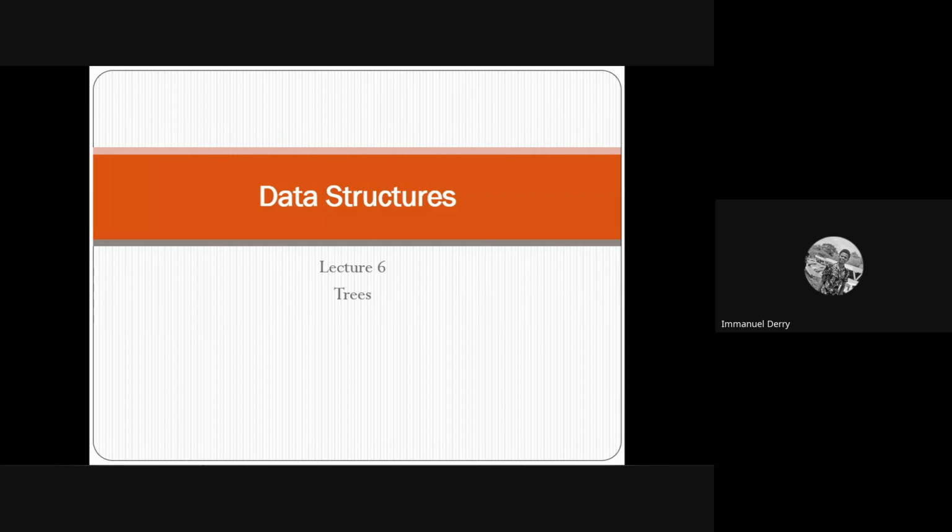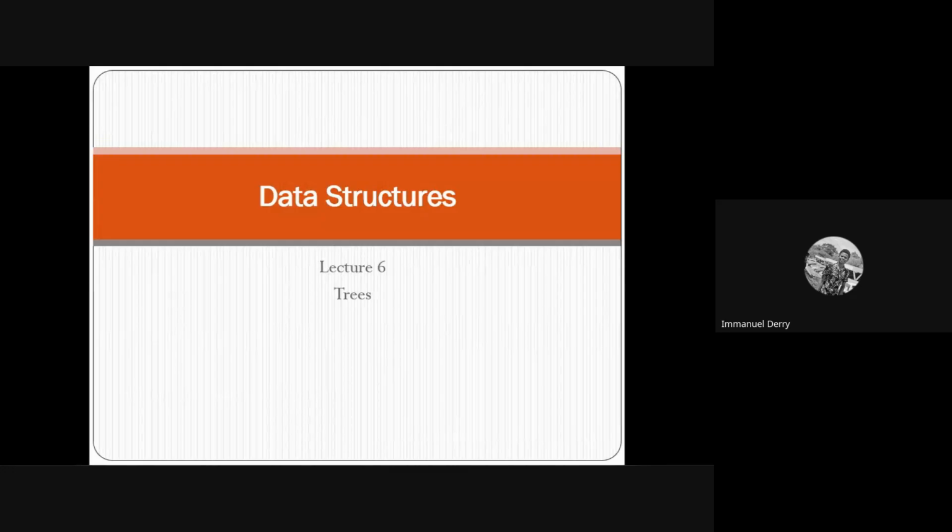All right, so trees, and I believe all of us know trees, right? At least one way or the other, we've sat under a tree before. It's a data structure that can be used to store information.